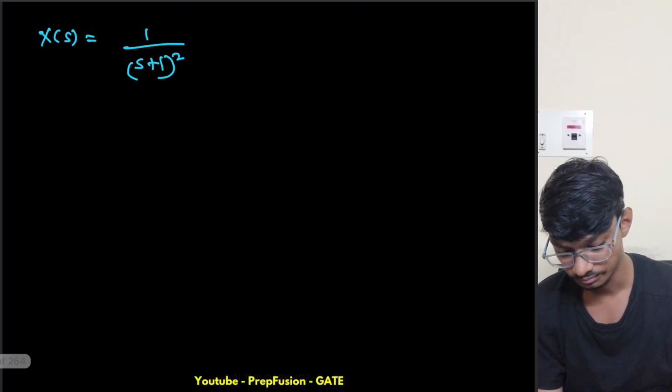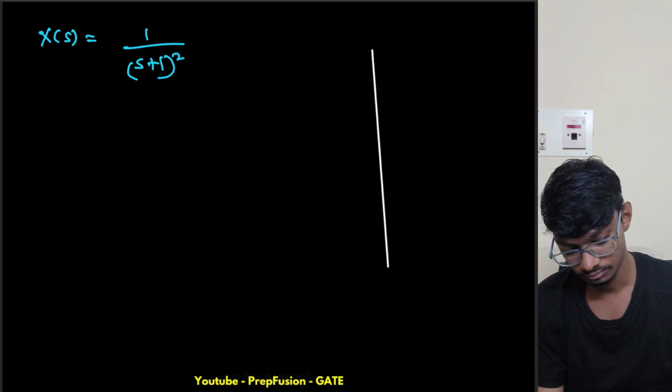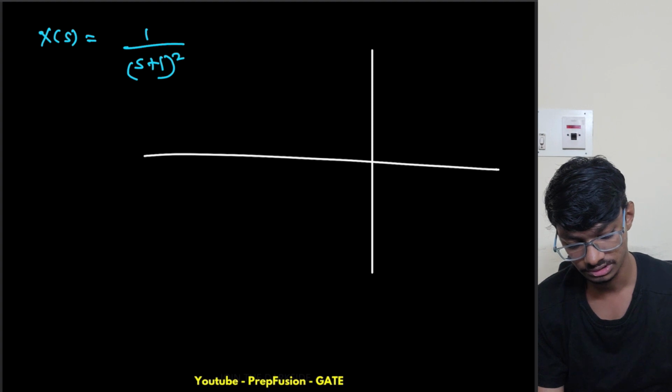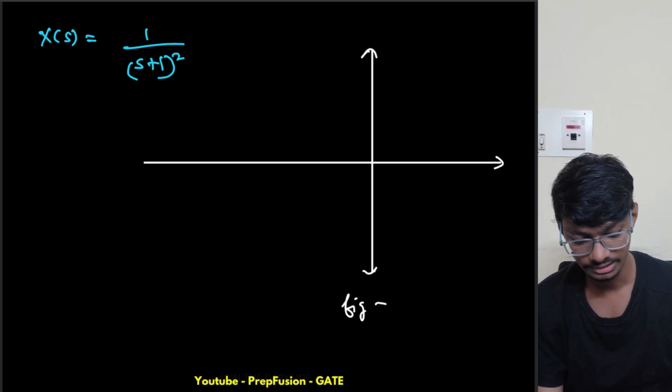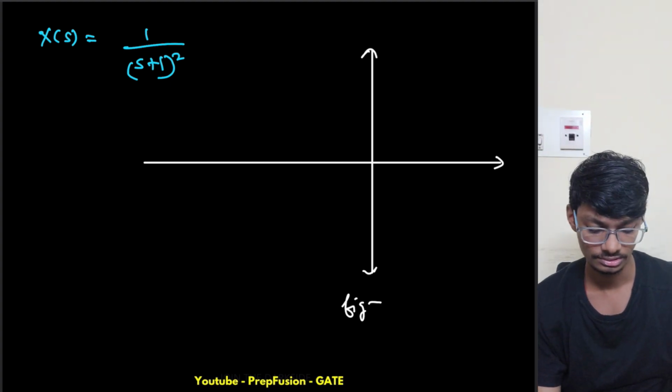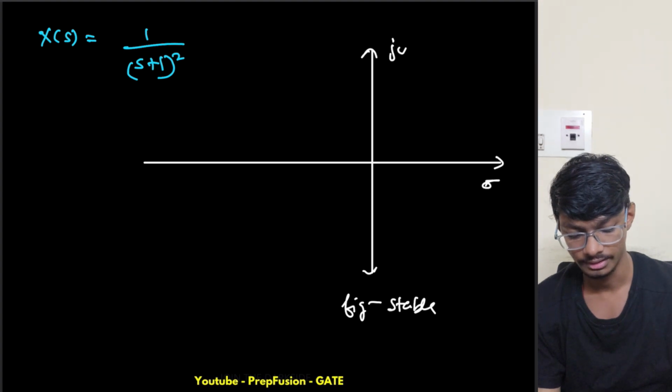So what we see is, we have a stable system. This is important in the time response chapter, so I'm just explaining it to you now. This will come in handy in the time response chapter.